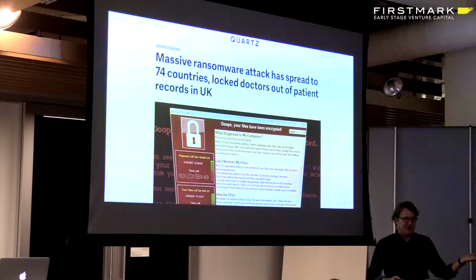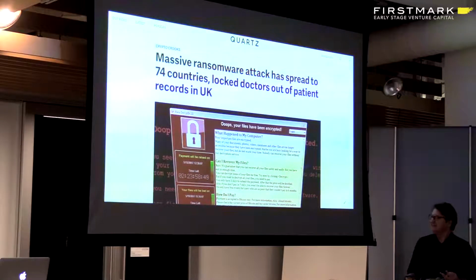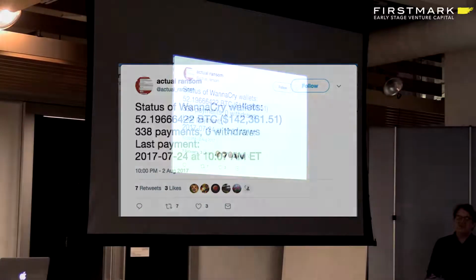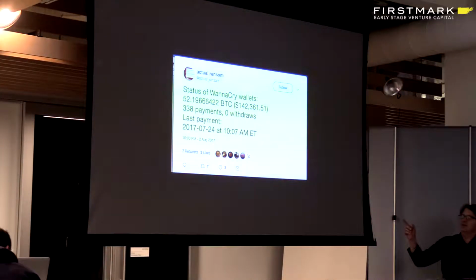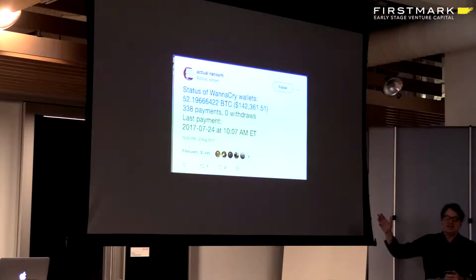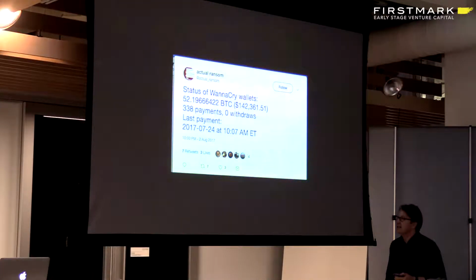Bitcoin wallets are public, you can see them. So you could see when people were paying the ransom, right? So there were 3 Bitcoin wallets, and Keith Collins, who's a computer programmer / journalist at Quartz, created a Twitter bot that would watch these 3 wallets and tweet out how much money had been put into these wallets and convert them into dollars. So here's an example. At this point, $142,000 had been paid in ransom.